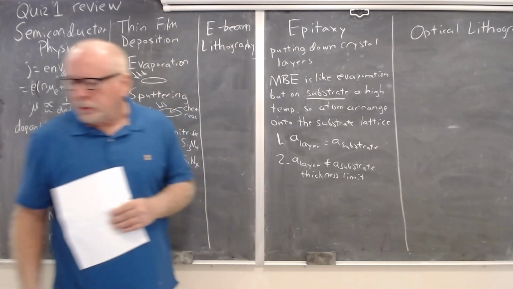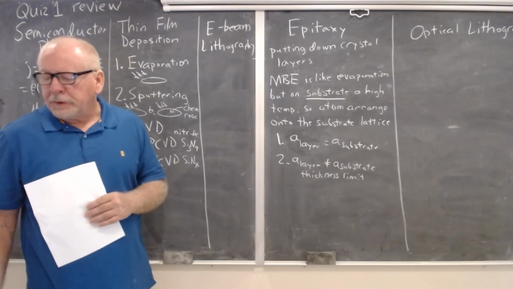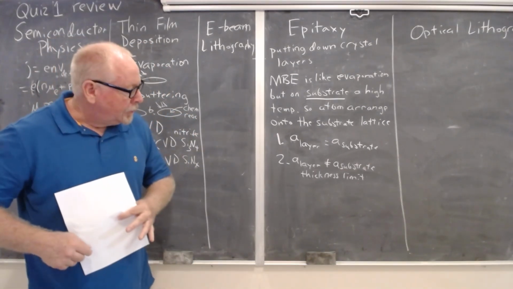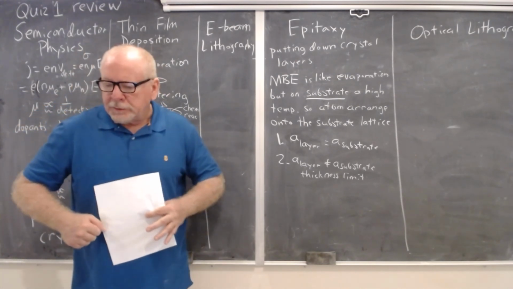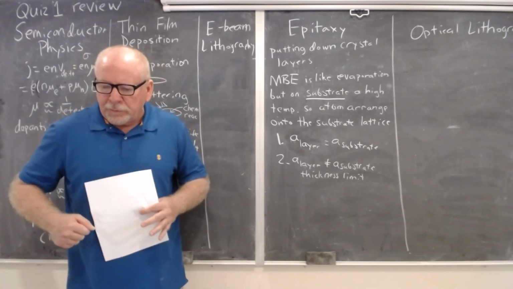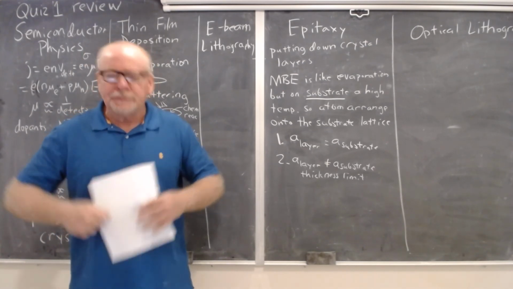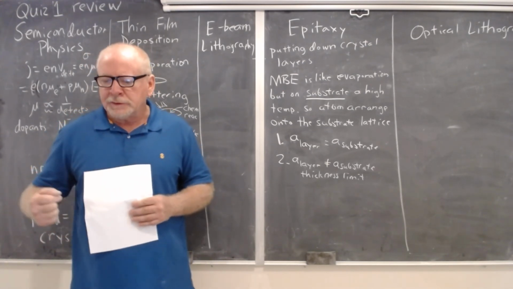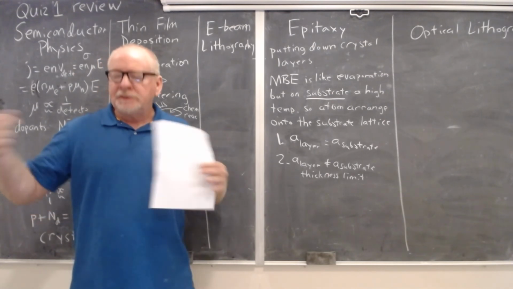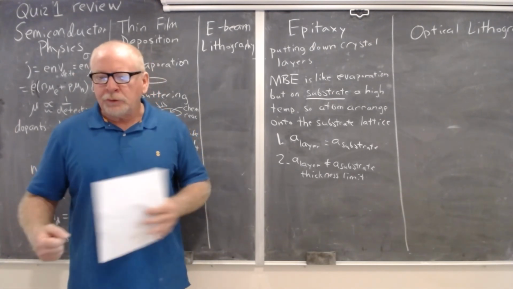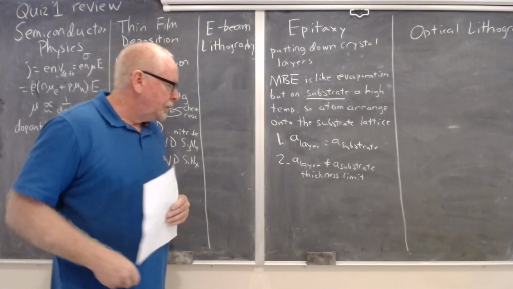Meaning you can grow up to a certain thickness, and so the layer is growing and it's trying to stay at the substrate's lattice constant, and it's trying, and at some point it says, no, I can't, and so it basically creates defects. However, it needs to do that in order to relax itself.